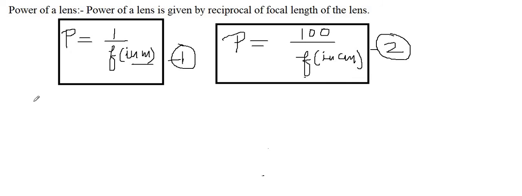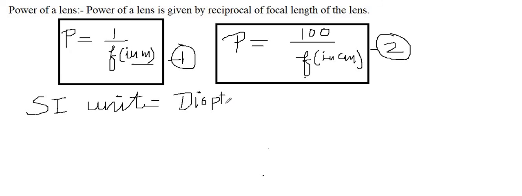Now the SI unit for power of a lens is the diopter, and it is represented by capital D.